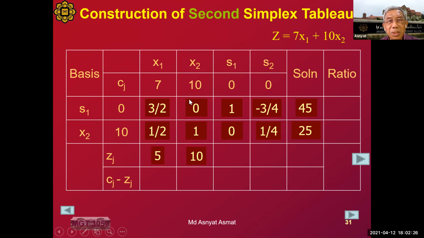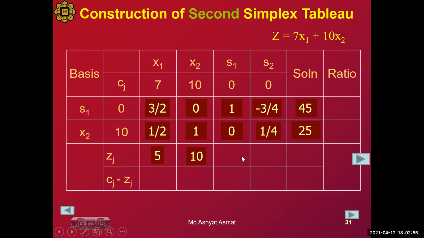Remember, we want to convert this pivot column into a unit column, 1, 0. That means anywhere up or down must be 0. Okay, let's proceed.